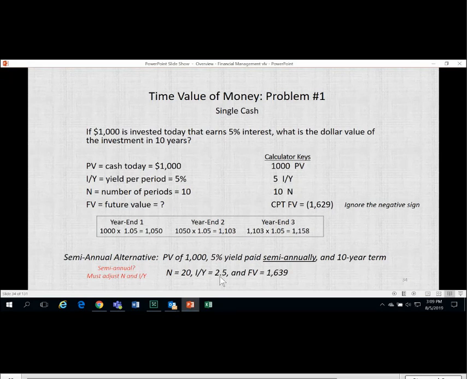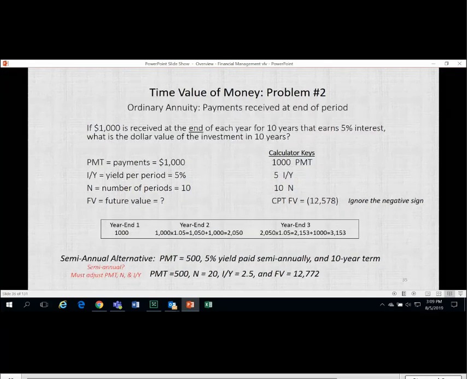So IY is 2.5, and then we calculate future value, and we find out it's $1,639, a little bit more than we did before. Why? Well, we're earning interest on interest because we're getting paid semi-annually rather than annually.